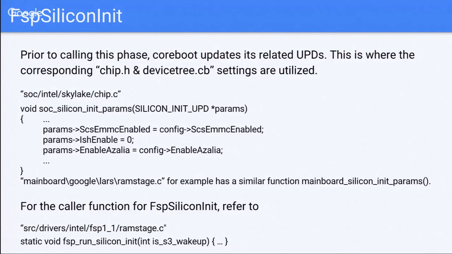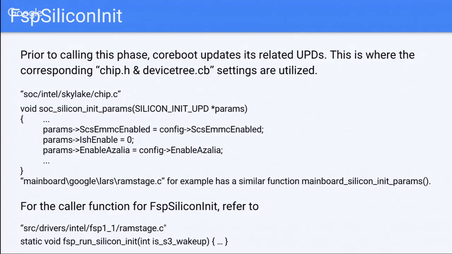So one thing I want to talk about is you might ask, hey, I have a board and I need a configuration option, and I don't find that in chip.h. What should I do, right? So the way to do that is you want to look into the FSP UPD VPD.h file as well as the integration guide to see if the option you need is there or not, because UPDs could be long, many, and we don't necessarily put all the UPDs in the chip.h file for you to configure, right?